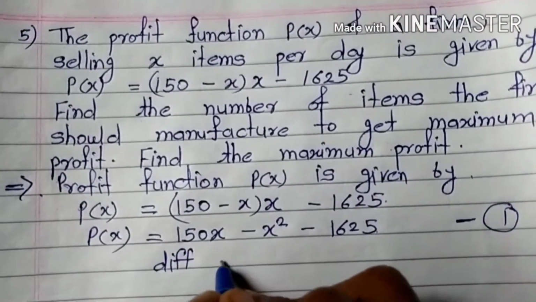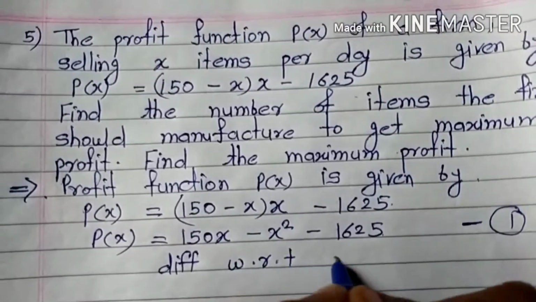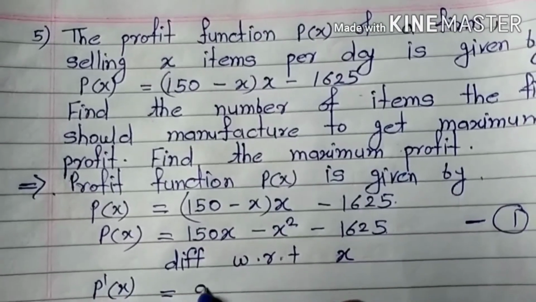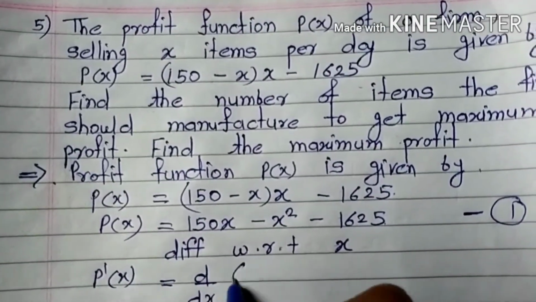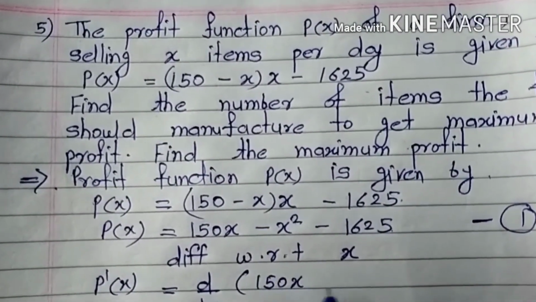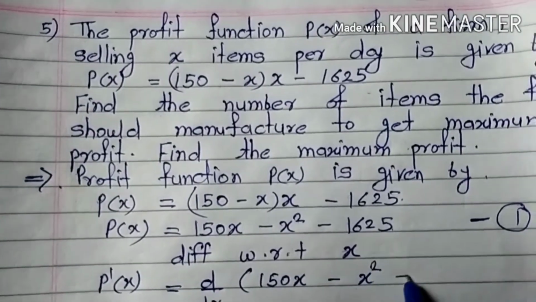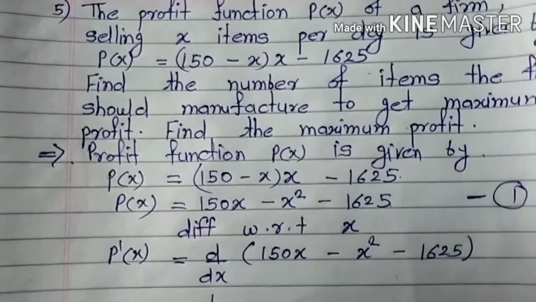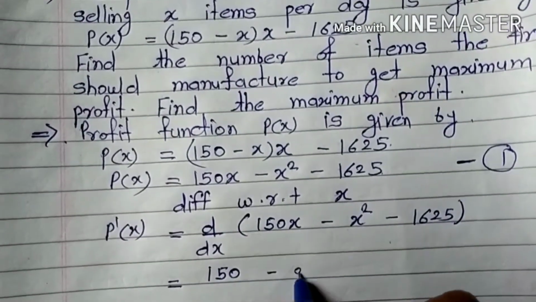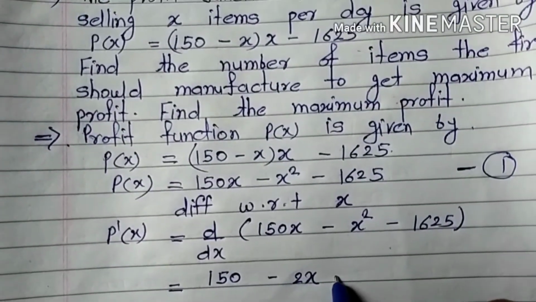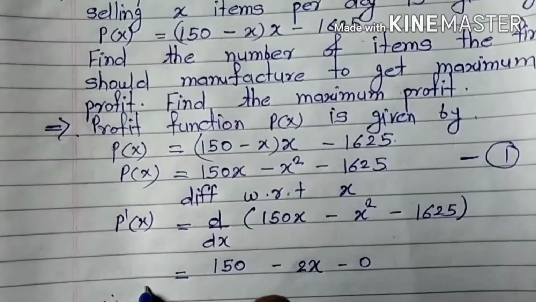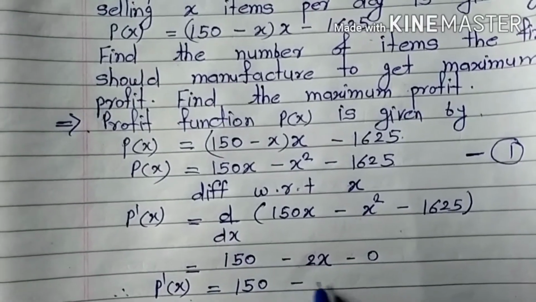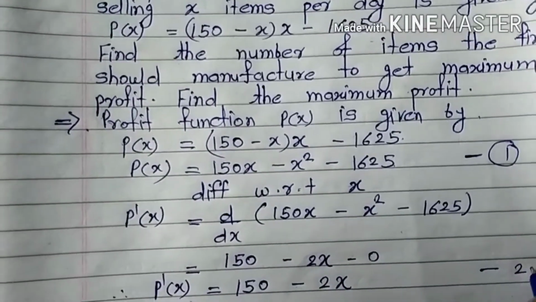Differentiate with respect to x. Therefore p dash of x is equal to d by dx of the function. Now take derivatives. So it is 150 minus 2x, and derivative of constant is 0. Therefore p dash of x is equal to 150 minus 2x. Give it equation 2.